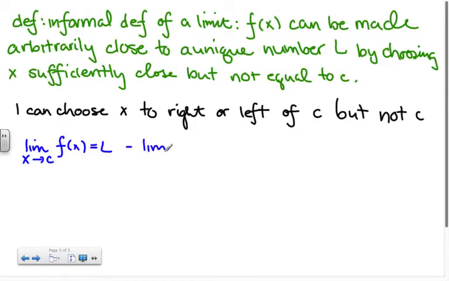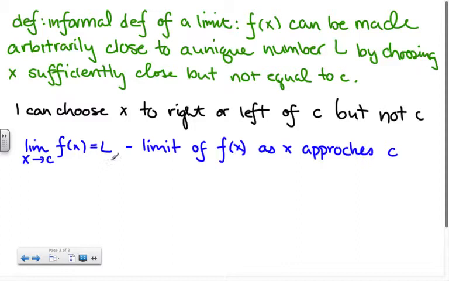The limit of f of x as x approaches C is L. So that's how you read this notation that you'll see. The limit of f of x as x approaches C is L. Okay.